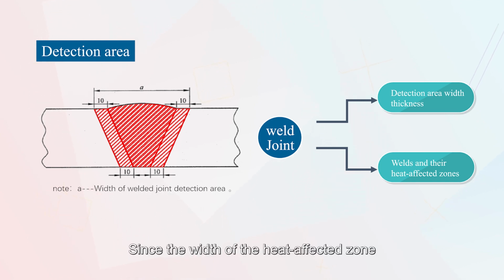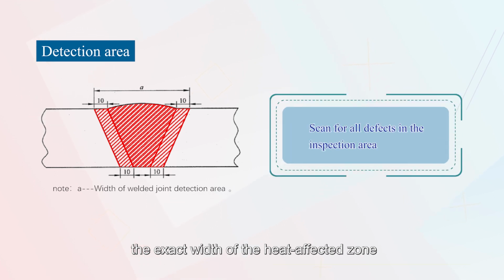Since the width of the heat-affected zone is different for different welding methods, the exact width of the heat-affected zone should be determined by hardness measurement or observation of the metallography structure.